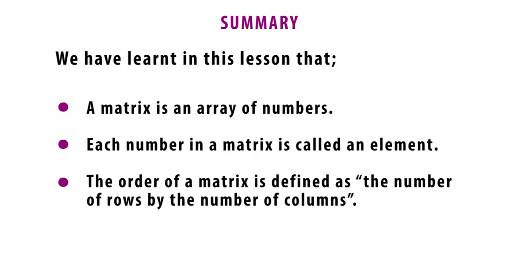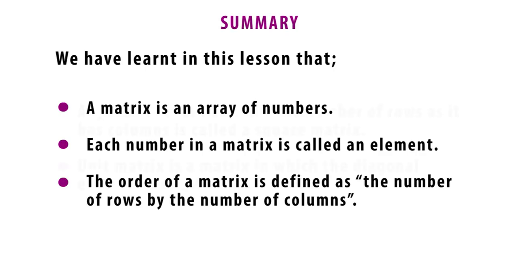But before then, in this lesson, we have learned that a matrix is an array of numbers, and that each number in a matrix is called an element. We have also learned that the order of a matrix is defined as the number of rows by the number of columns.